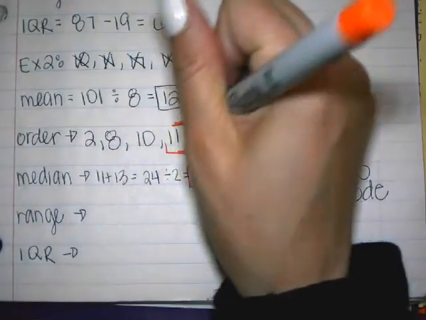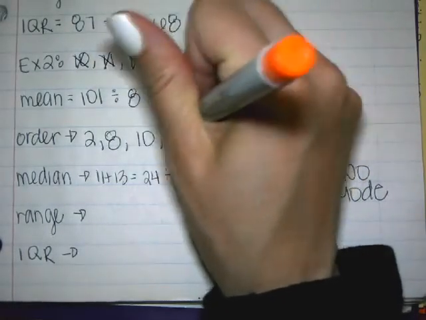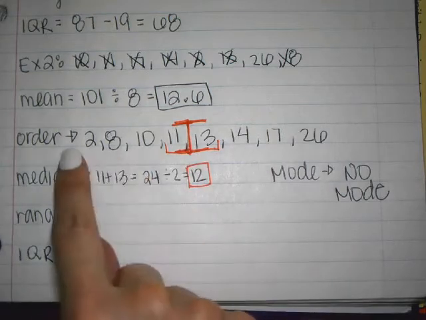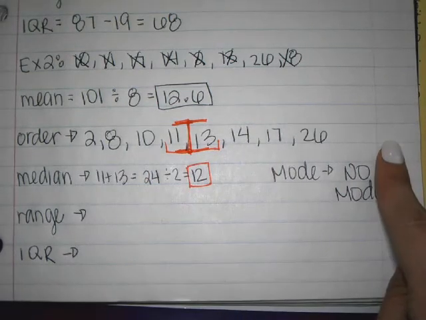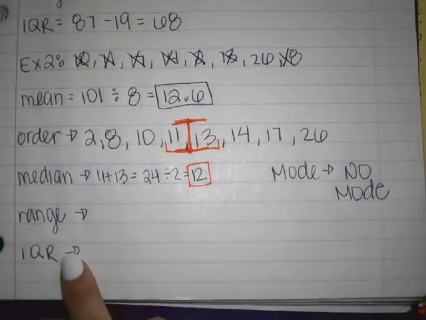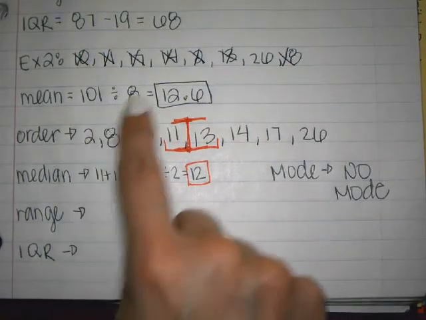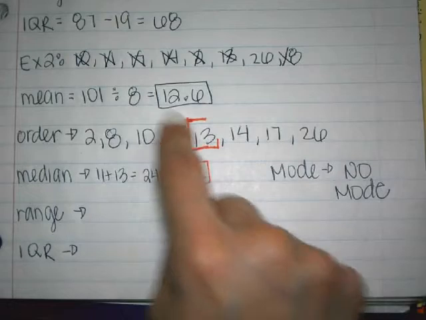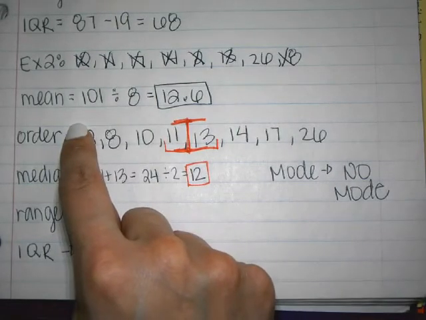Okay, did everyone mark that 12 was in the middle here? Do you guys all see that I have a lower set and an upper set? So now I want to find my IQR, which means I need to find the median of my lower set. How do I find the median of my lower set?